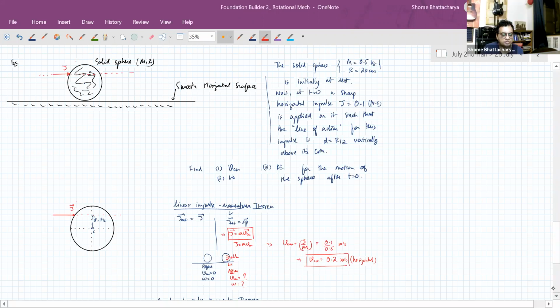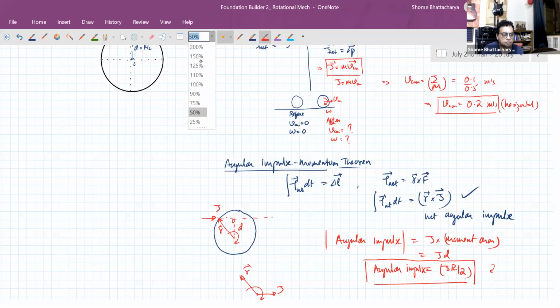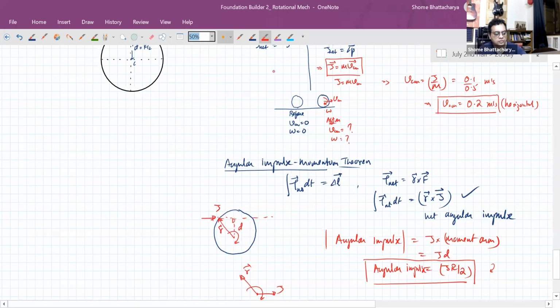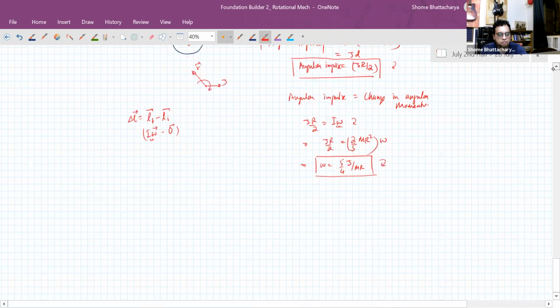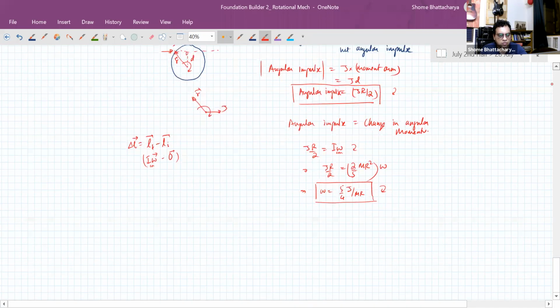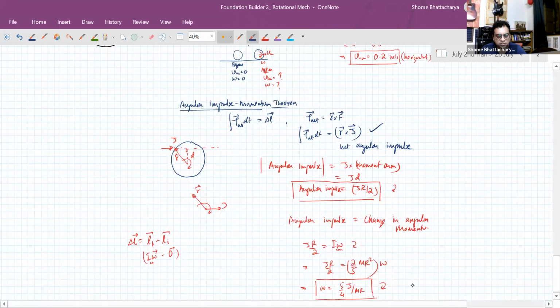Okay, so let's also calculate the value of omega. So the angular momentum was 0. The linear impulse was 0.1.